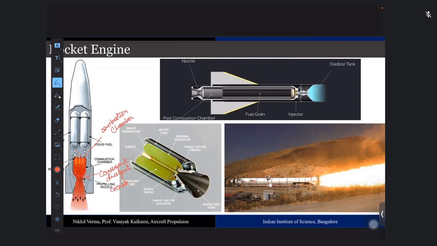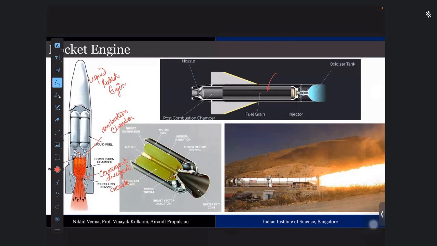So next, these are the liquid rocket engines.